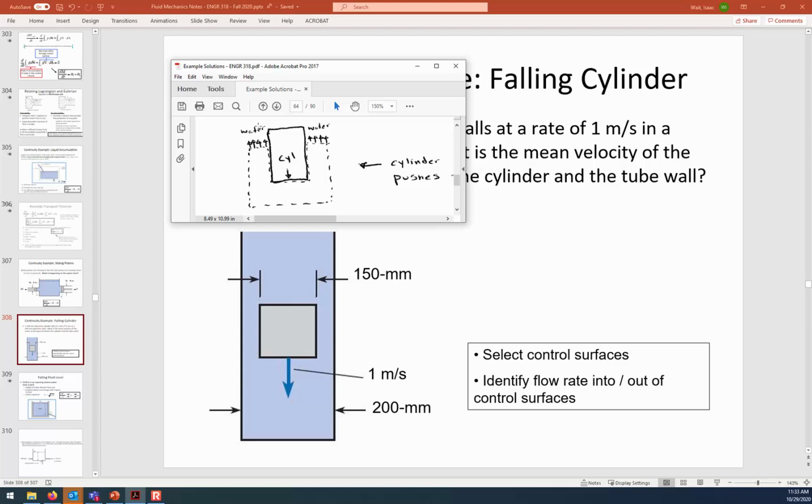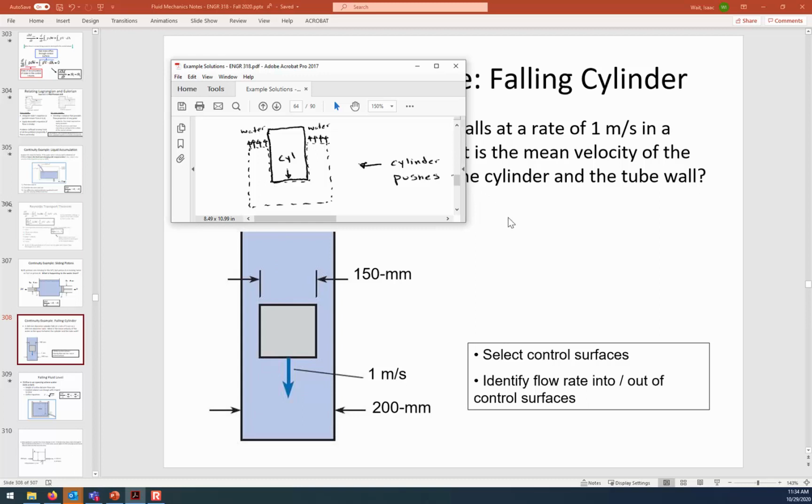If you think about the plunger on a syringe, it is entering the volume of the syringe and it's pushing the water, or whatever it is, through a needle. Well, here, instead of pushing it down and out through a needle, the water that gets displaced by the cylinder entering the control volume is flowing out around the edges.